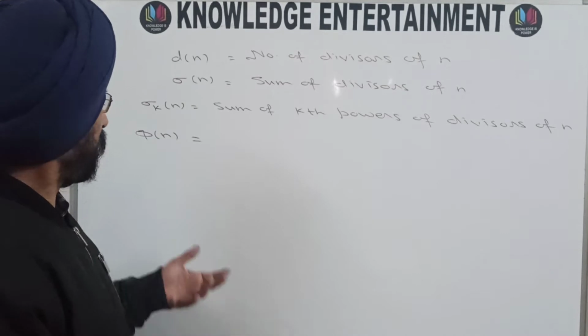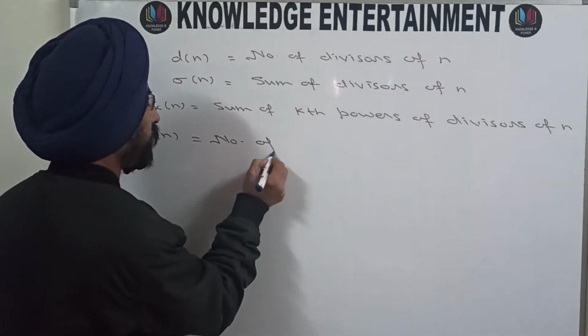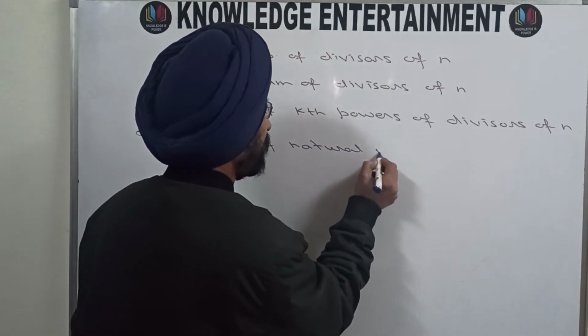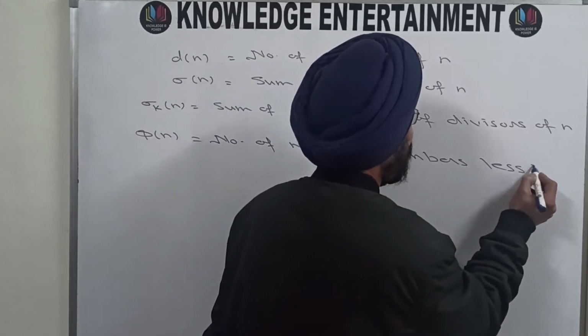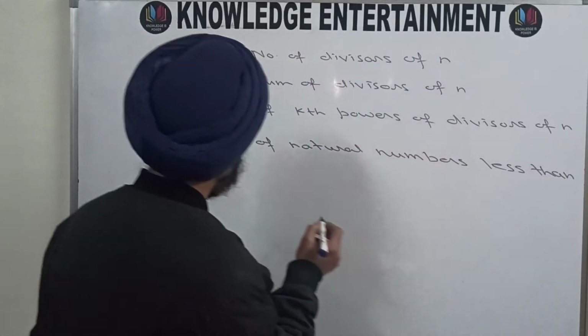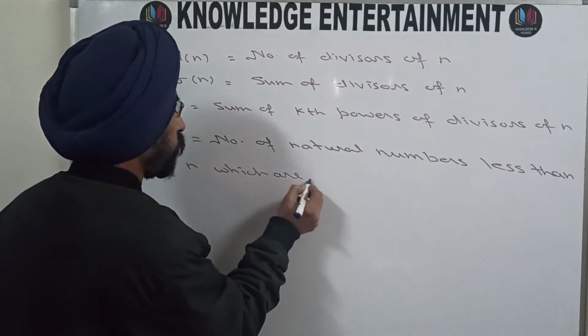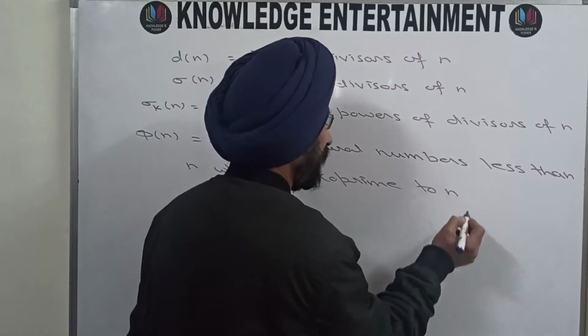Another function is phi(n), Euler's totient function, which we have already discussed in the previous video. So what is phi(n)? It is the number of natural numbers less than n which are co-prime to n.